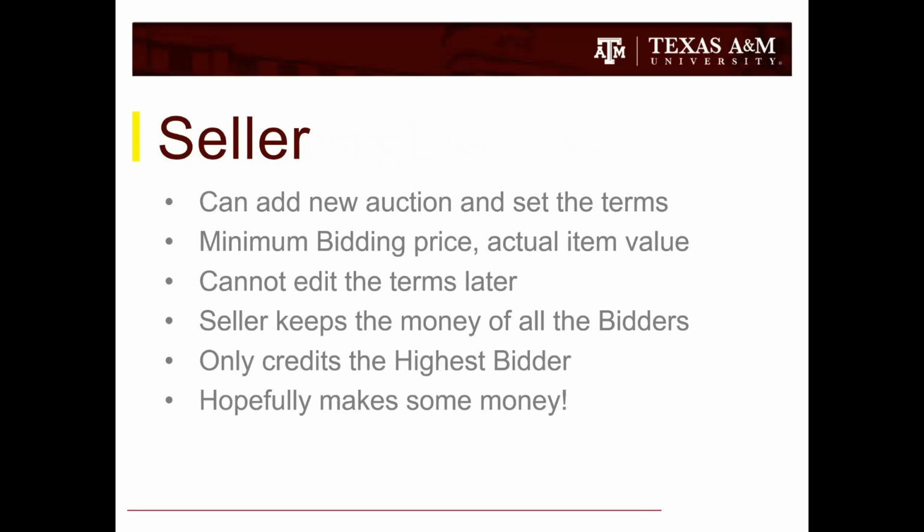The seller's interface will show the auction block, which will list all the current items for sale. The seller will have the ability to create a new auction. The terms of the auction include setting the item value, base price, auction period, and more.